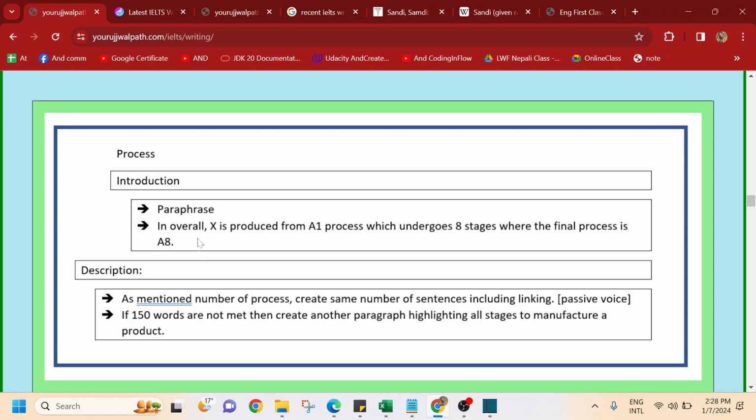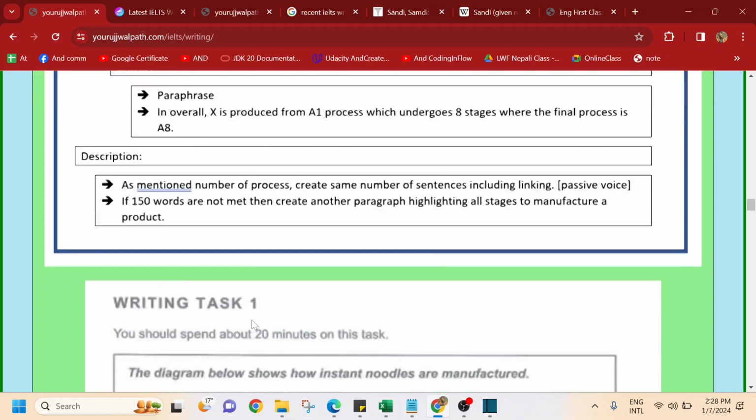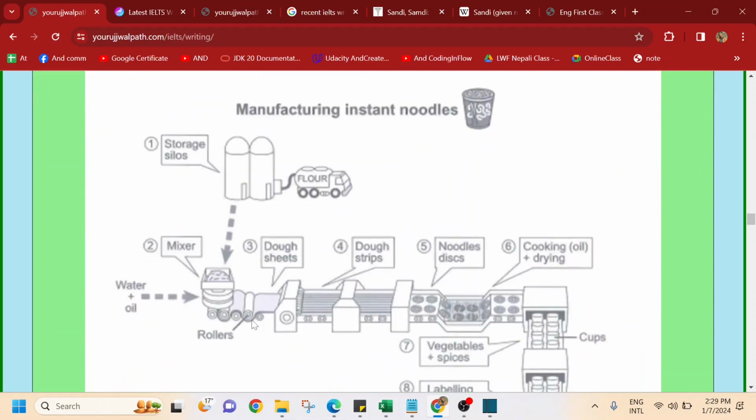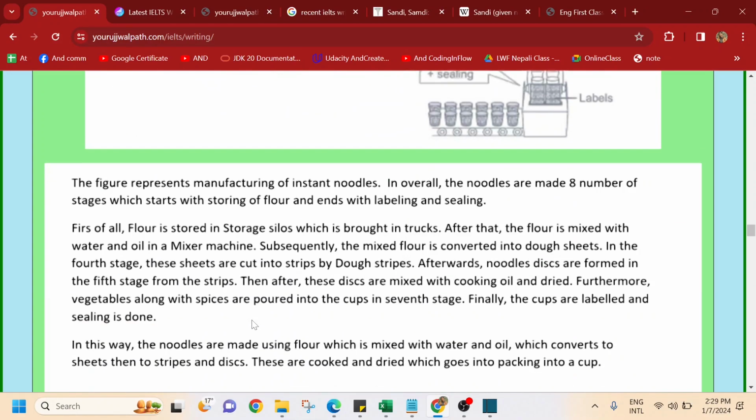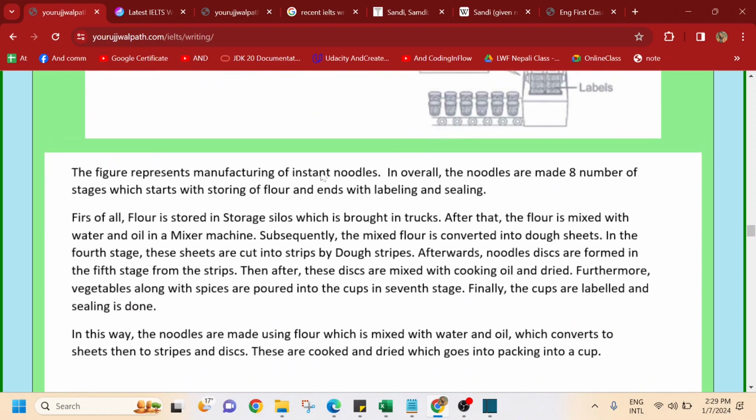And if you are unable to make it to 150 words, you can even sum up the whole process. For example, I have this manufacturing of noodles, and I started with the language change first in overall. 8 means 8 kinds of linking would be there. So first of all, then after that, subsequently, afterwards, this has to be in the number of 8.